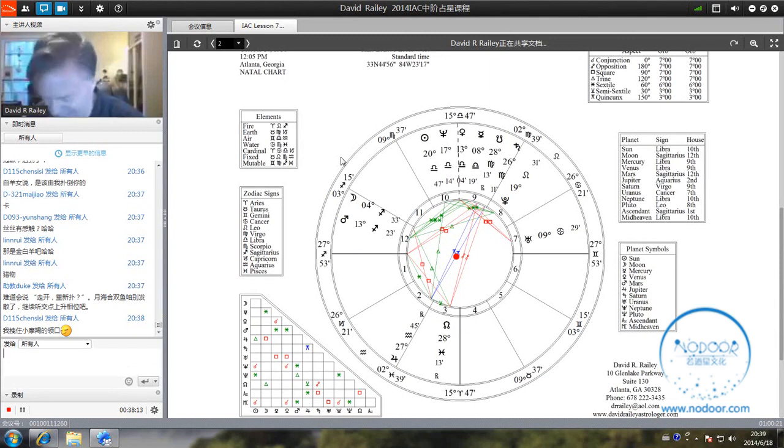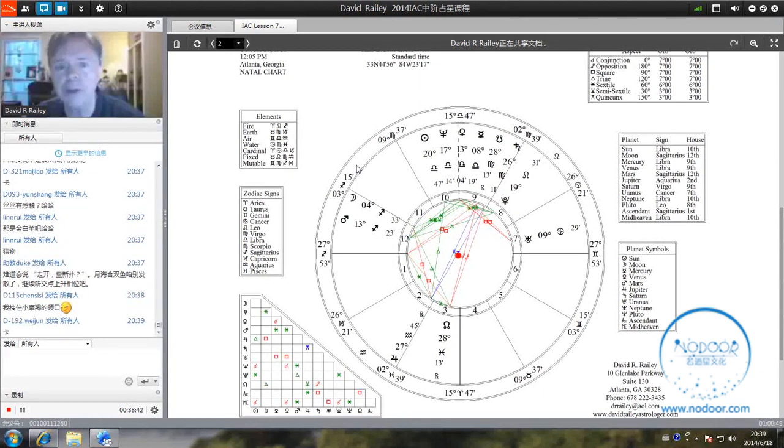At that point in my life, there was very little subtlety to my nature. I'm a 6-year-old kid with Sag rising. Think about it.